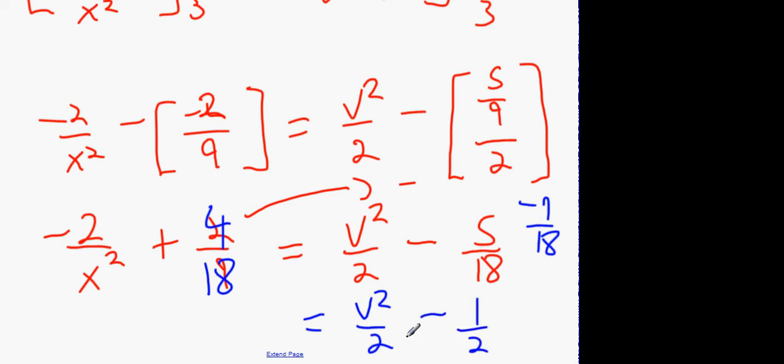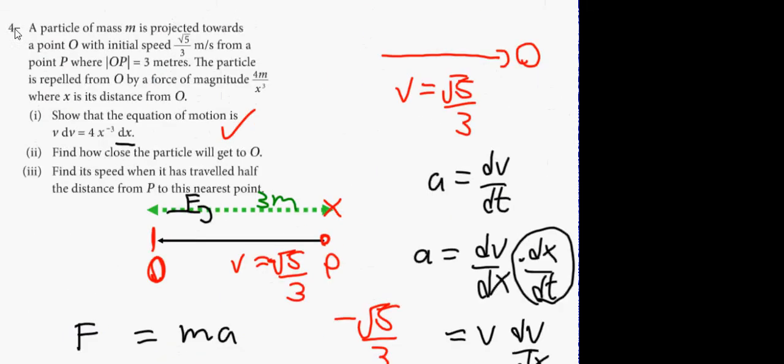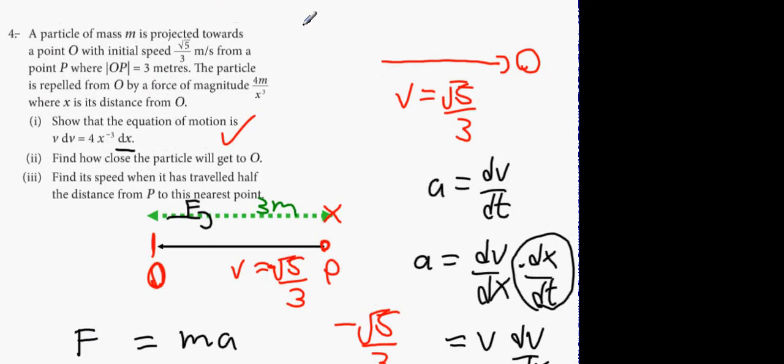And now we're at minus 2 over x squared. I'm going to multiply both sides by 2. I'm going to get minus 4 over x squared equals phi squared minus 1. Now, I really want to get v on its own. The reason why I want to get v on its own is that dv dx was what I had at the start, and that means v in terms of x.